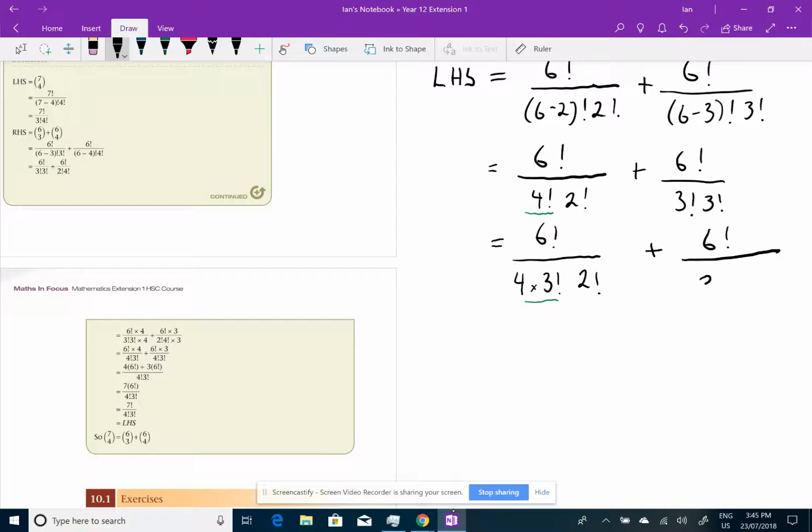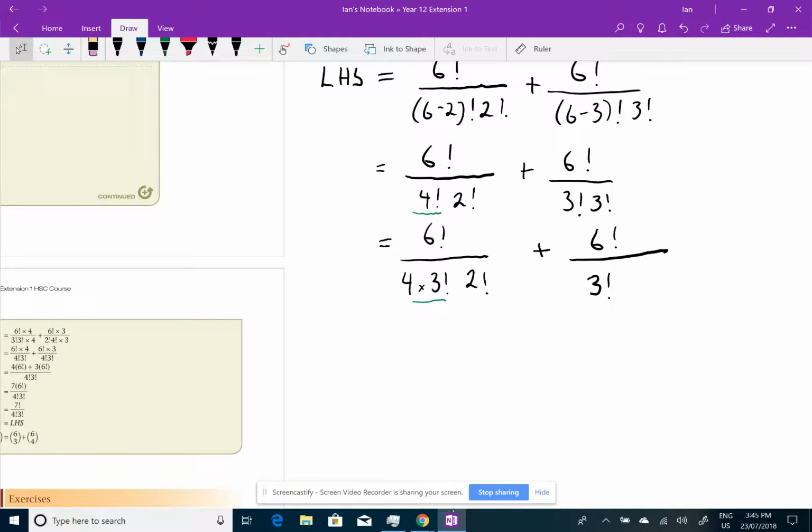I'm going to leave that 3 factorial there. But this 3 factorial, I'm going to write it as 3 times 2 factorial. Now, if you look closely here, I've got a 3 factorial and a 2 factorial. I've got a 3 factorial and a 2 factorial.